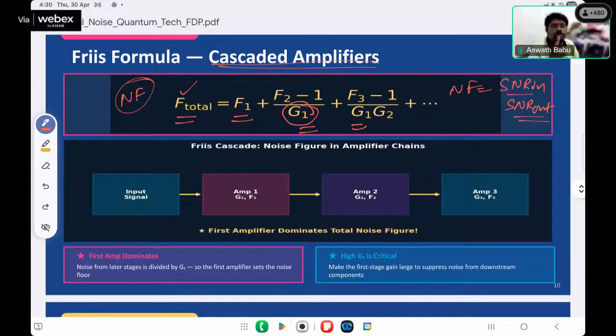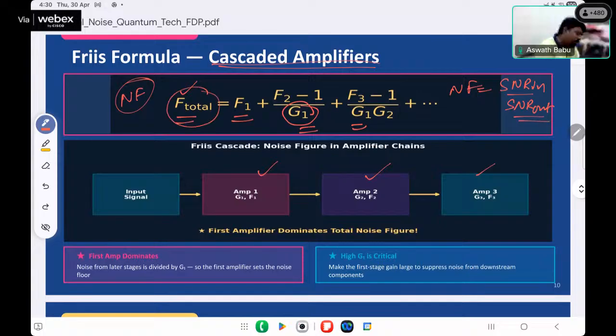If it is half of it, then fine, reasonable, but it cannot be much smaller than half. If it becomes 110, then it is seriously problematic. F1 would be the noise factor from the first amplifier, and F2 would be the noise factor from the second, and so on. All these put together give me the Friis formula F factor.